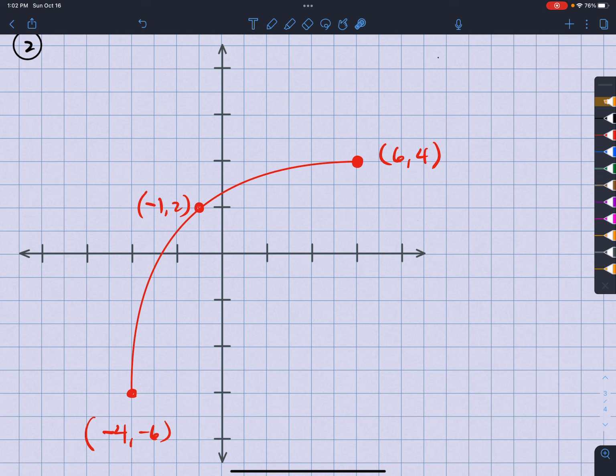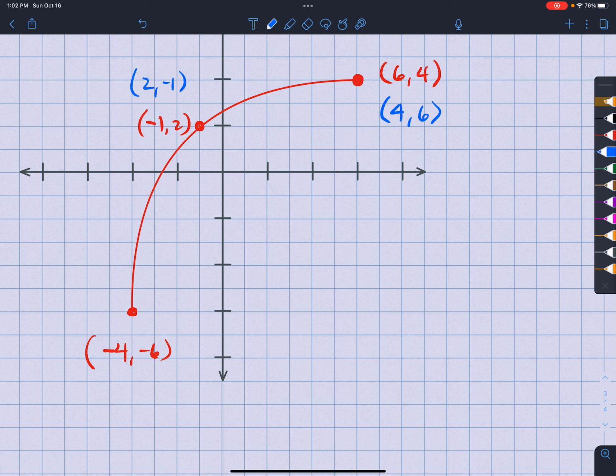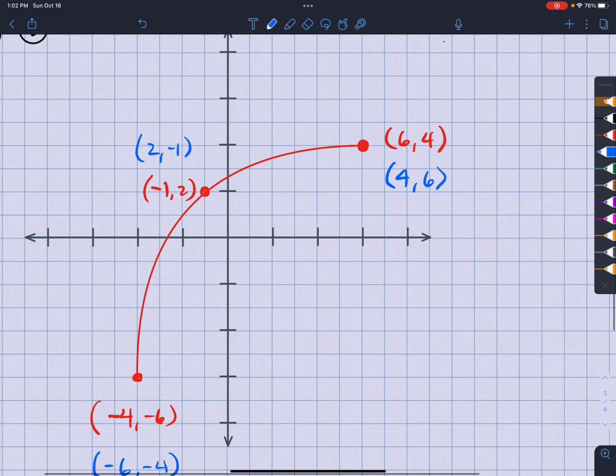So if I look at 6, 4, if I take the inverse of it, that will now be 4, 6. If I take the inverse of negative 1, 2, now it's going to be 2, negative 1. And now that I look at negative 4, negative 6, that's now going to be negative 6, negative 4. Okay? So let's plot those points.